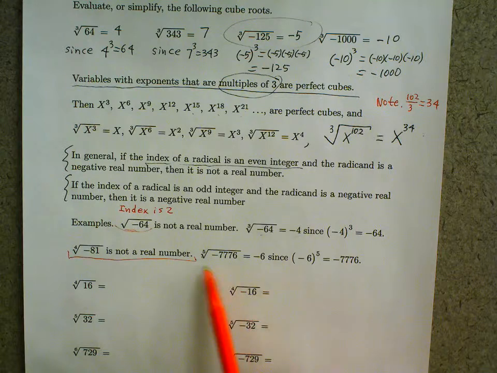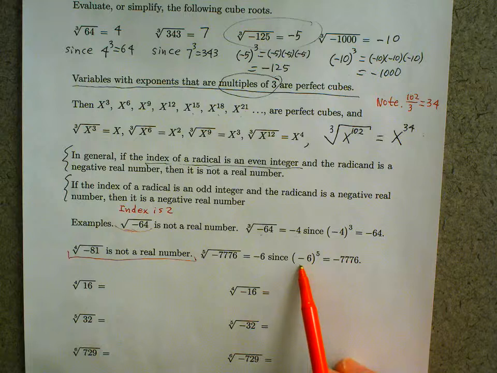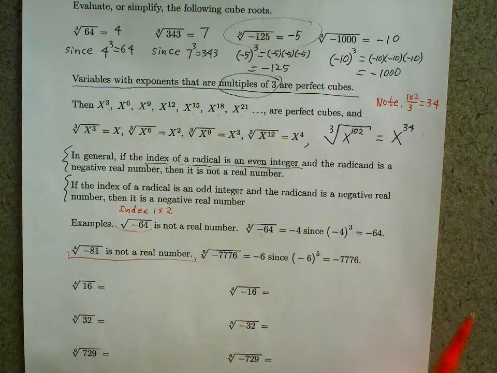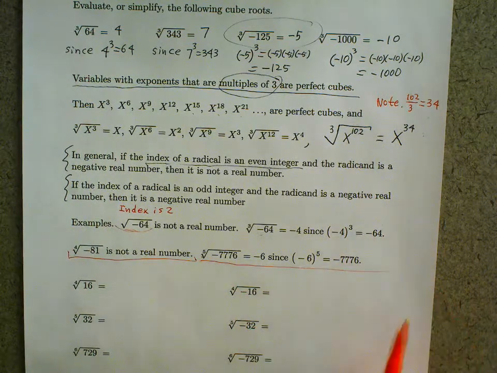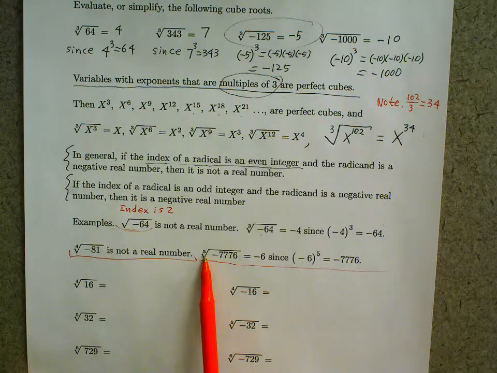In this case, the fifth root of negative 7,776 is equal to negative 6, since raising the number negative 6 to the fifth power is equal to negative 7,776. Make sure that you understand the difference between a radical with an even index compared to a radical with an odd index.